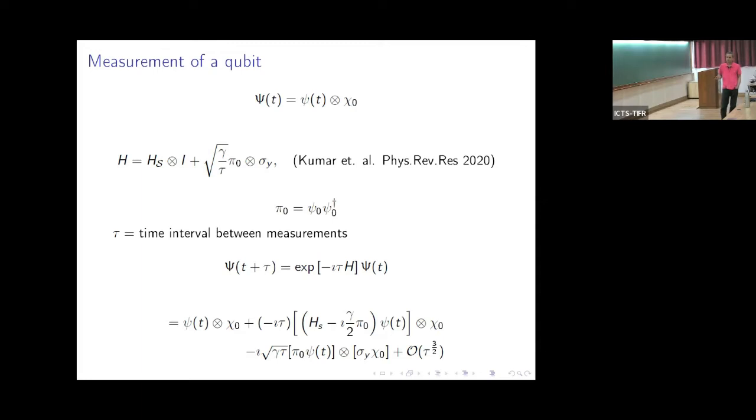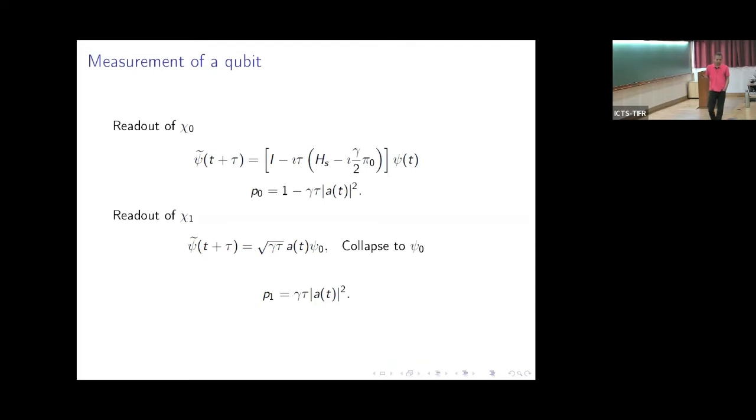So this is one measurement cycle, and at this instance, we make a measurement on the detector, and this measurement would reveal whether the detector is in the state chi0 or in the state chi1. This just evaluates to I chi1. And once we record the information that the detector has been observed to be in state chi0, then the unnormalized state of the system proper would be given by this equation.